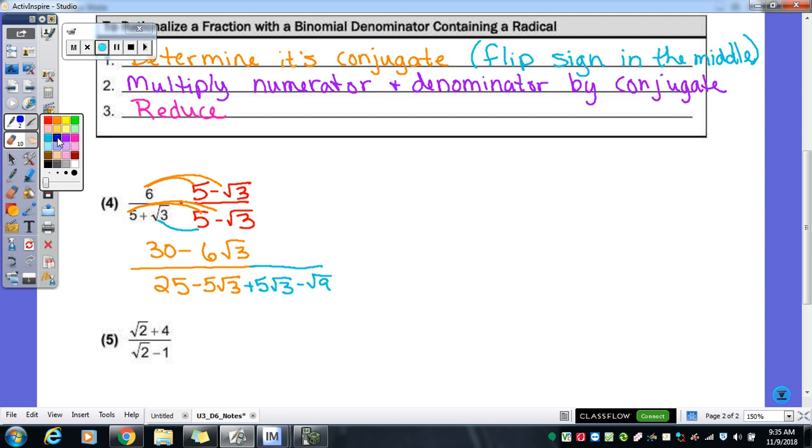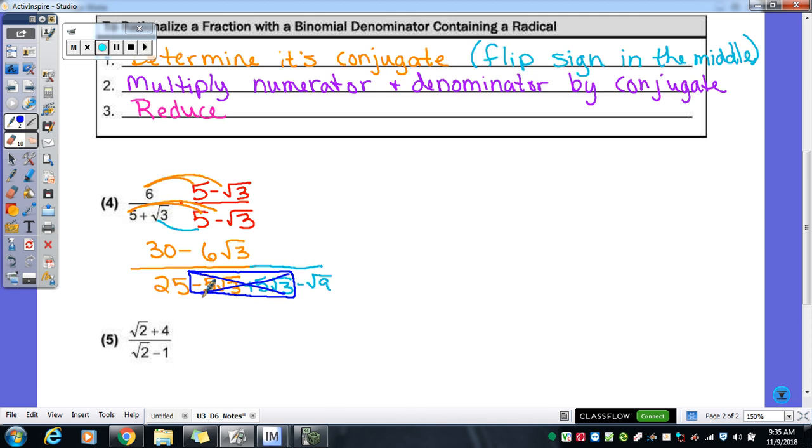Now the whole reason why we multiply by that conjugate is because then what happens with these terms here? They cancel each other out. So we don't even have to write those going forward, because that's always going to happen with a conjugate. That's why we do it, to cancel out those terms in the middle.